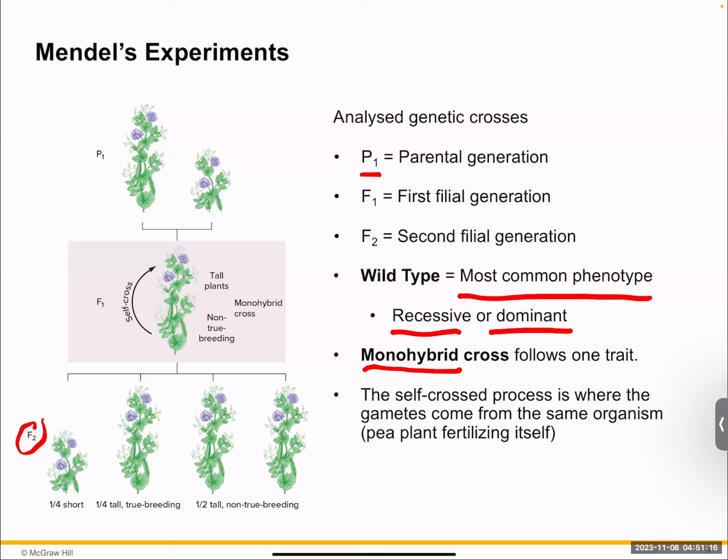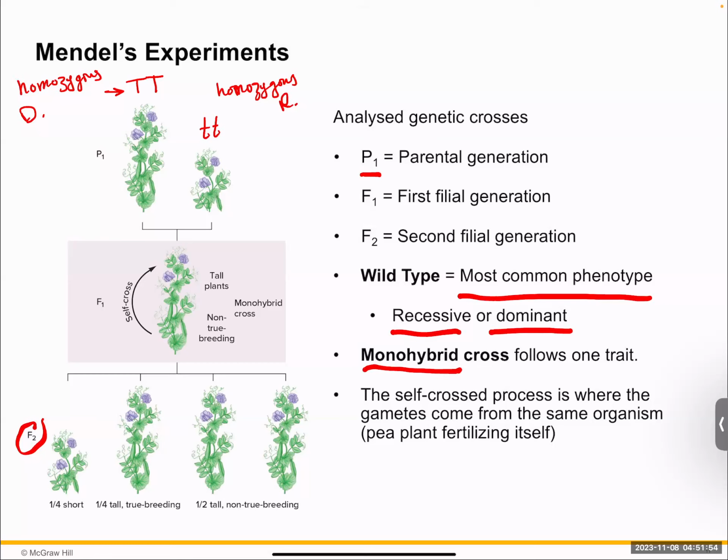So in this case, if I am to write the parental, remember the true breeding, because I'm doing true breeding, this would be capital T, and the short plant will have a lowercase t. So again, this parent would be homozygous dominant, and this parent would be homozygous recessive, right?